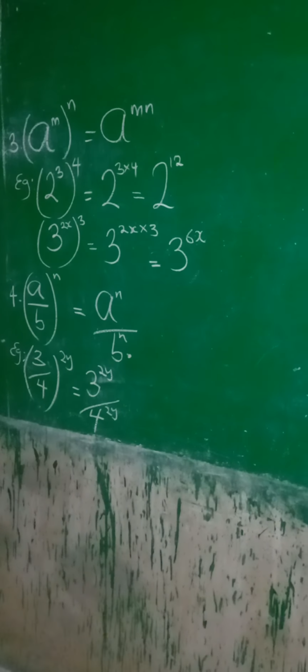Now let's look at another one. Let's say we have a^(m over n). The base is a, but then the exponents are dividing. This means that we can express it as a fraction of m.